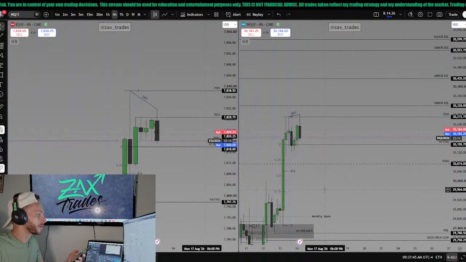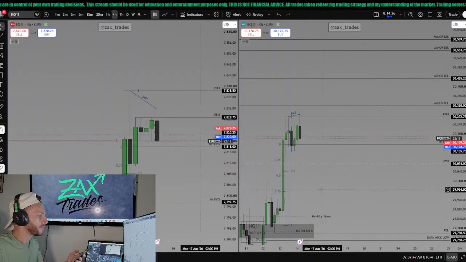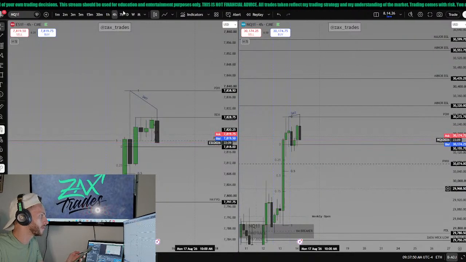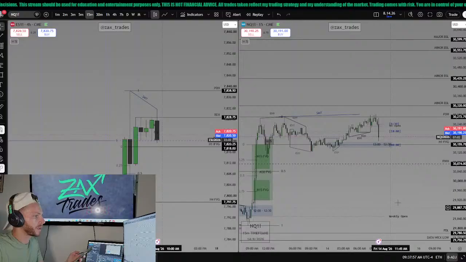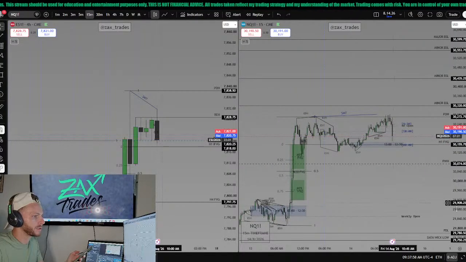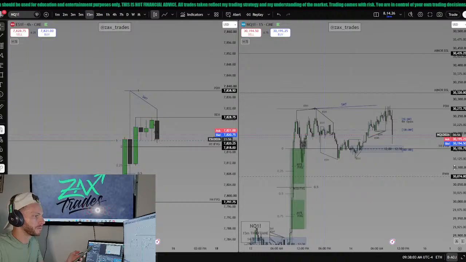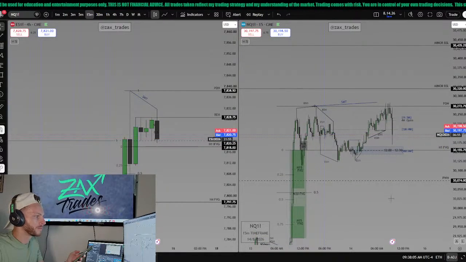But it ended up holding through London and pushing to that previous day high on Nasdaq, making that high time frame SMT, and now it's really wanting to turn over.